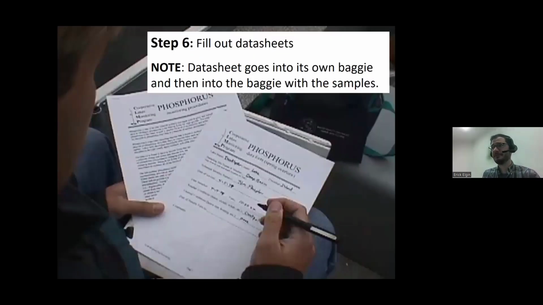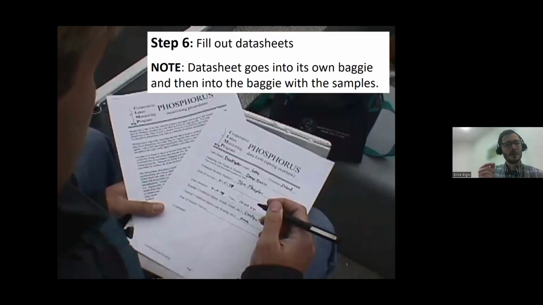Step 6 is fill out the data sheets. They're fairly simple for phosphorus, and then make a copy of that data sheet or take a picture of it so you have your own copy, then fold it up and put that into its own baggie, and you can slip it into the frozen bottle baggie. So I said baggie a lot in those couple sentences.